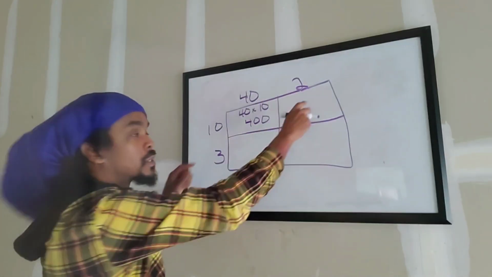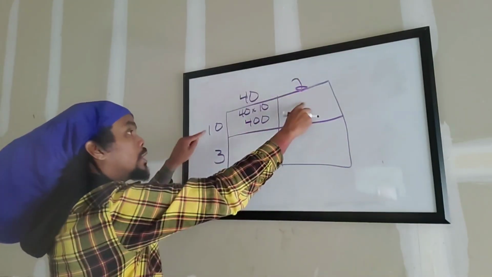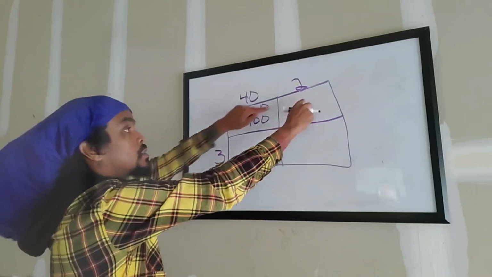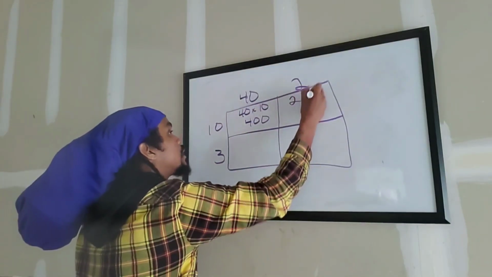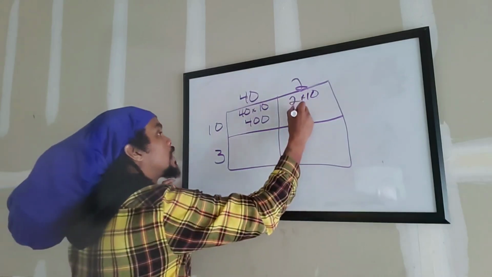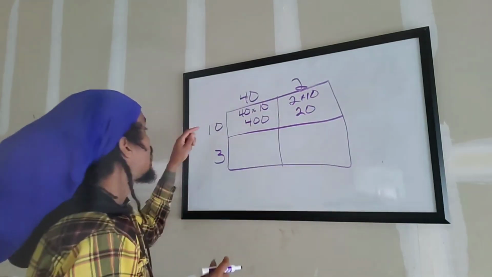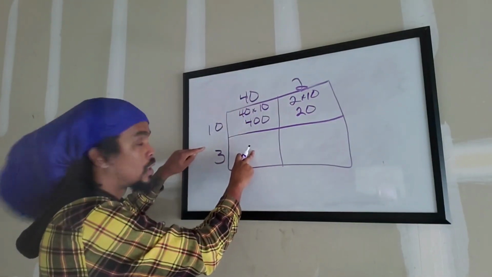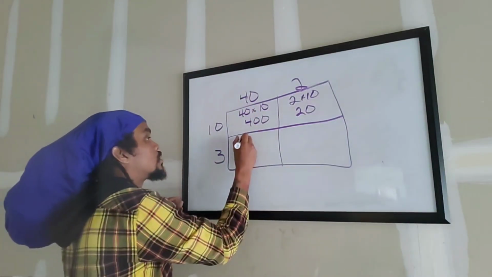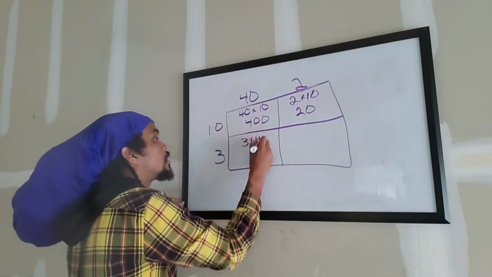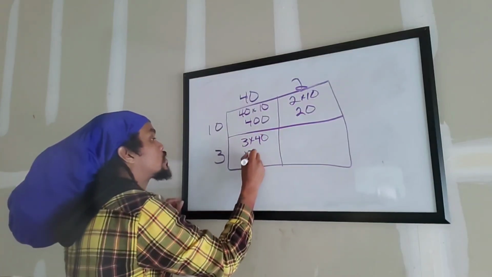In this box, this is where the 2 and the 10 meet. So in this box, you would do 2 times 10, and that equals 20. And now, in this box is where the 3 and the 40 cross, right here. So let's go ahead and do that. 3 times 40 equals 120.